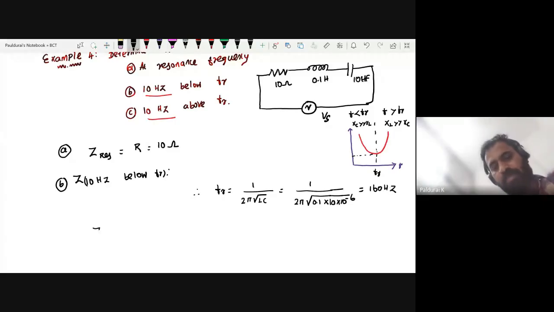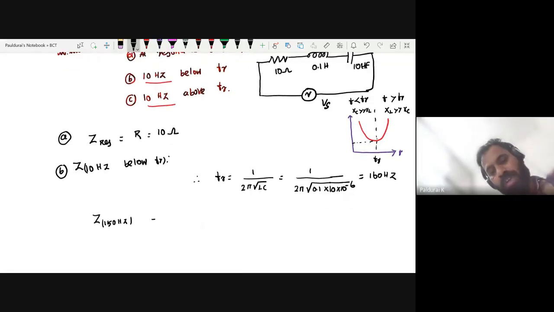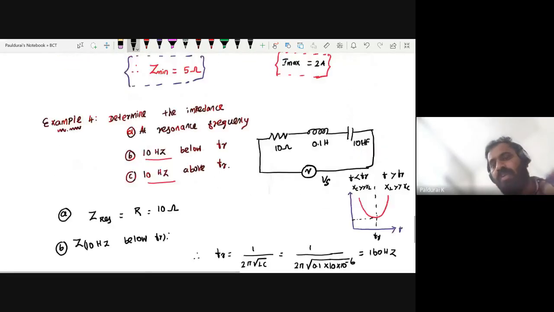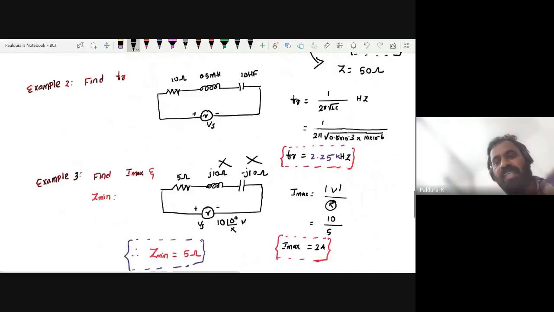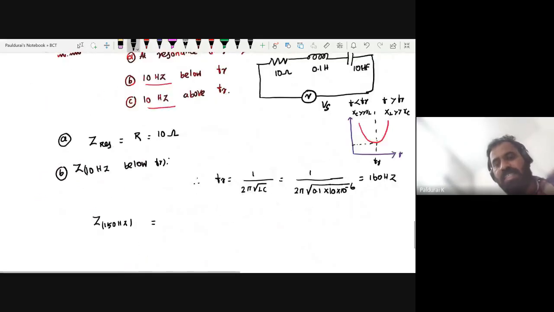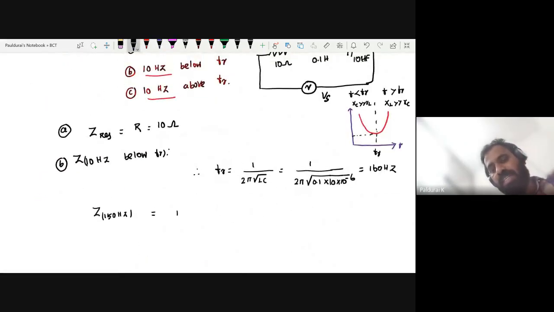Therefore, impedance 10 hertz below means 160 minus 10, 150 hertz, right? So impedance at 150 hertz. What is the formula for impedance? Since all are connected in series, in general it is R plus j XL minus j XC, so R plus j times (XL minus XC).